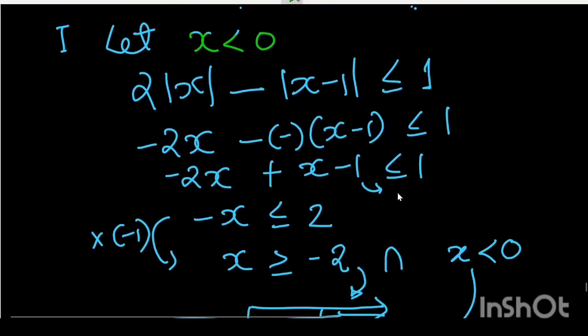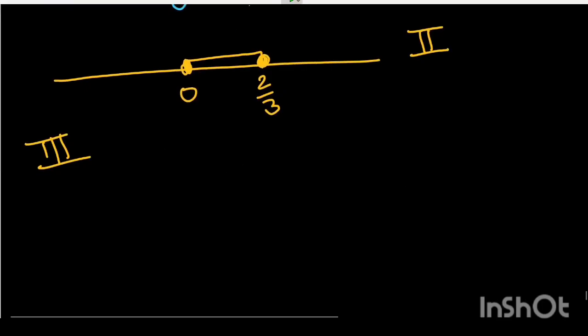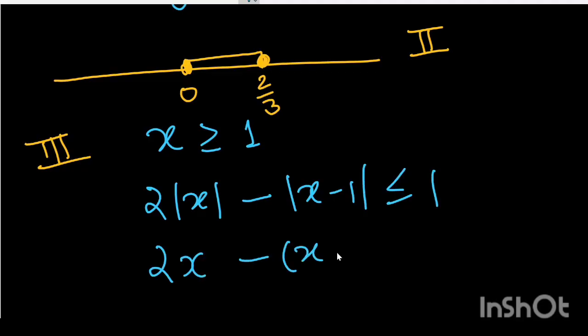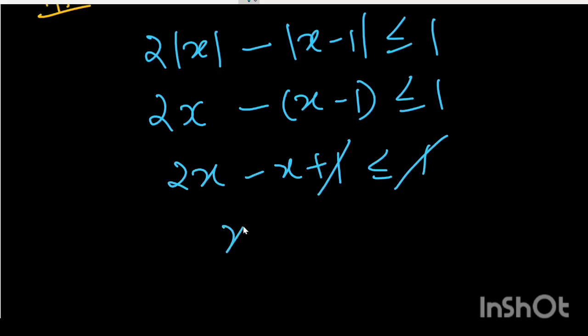So both the moduluses in the third case are replaced by plus sign, so 2x here, x minus 1 is plus sign, so this becomes 2x minus x plus 1 less than equal to 1. 1 and 1 cancels out, 2x minus x is x less than equal to 0.